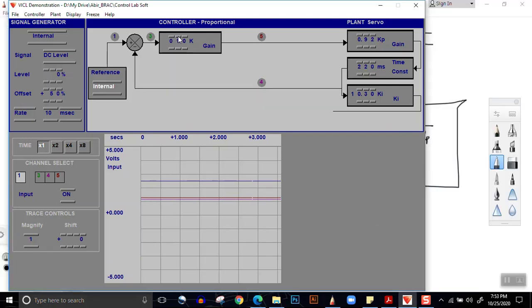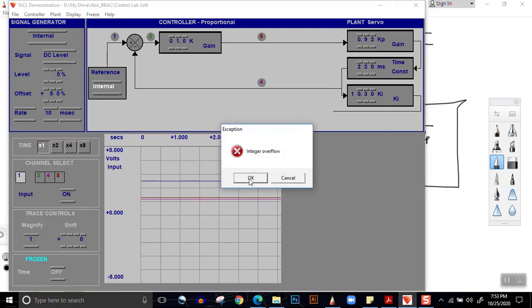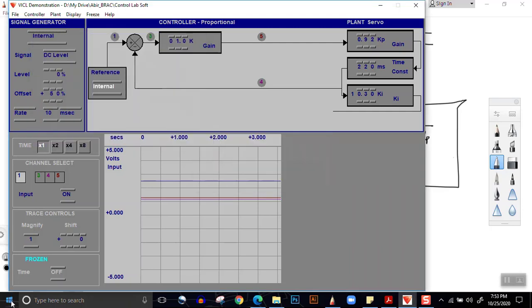So our gain is equal to 1. So what we do is we freeze it. Sometimes these kinds of problems will occur because in simulation mode it's not very polished, so don't be worried about it.